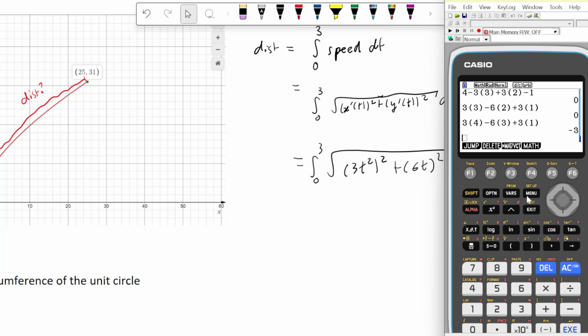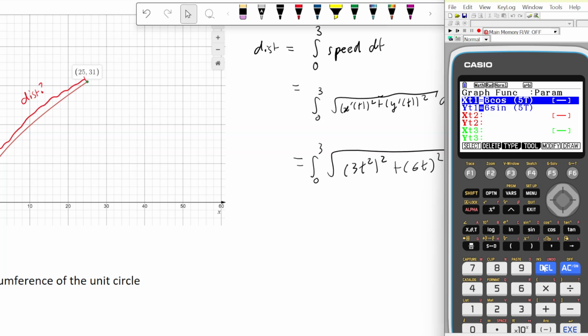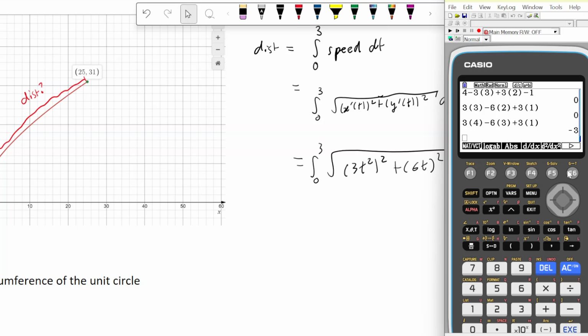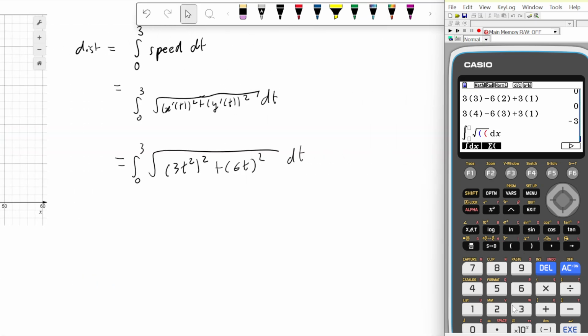One funky thing will happen with integrals sometimes. Since we're still in parametric mode of the graph, sometimes it can mess with whether it uses x or t. So I'm going to get you to just set it back to y equals, just to make sure. Probably doesn't matter, but we just like being cautious here. We're going to go integral, and we're going to go for the square root of all that stuff: 3t squared and 6t all squared.